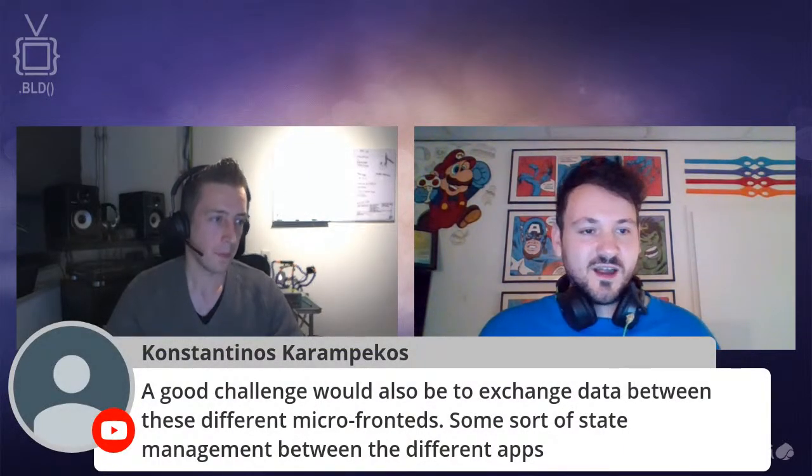Clear for me. I hope also for Bart. And then the last one, it's not really a question, but I think you have some ideas about it. It's from Konstantinos, who mentions a good challenge would also be to exchange data between these different micro frontends, some sort of state management between different apps. Did you encounter something like that already? We are actually working on this right now.